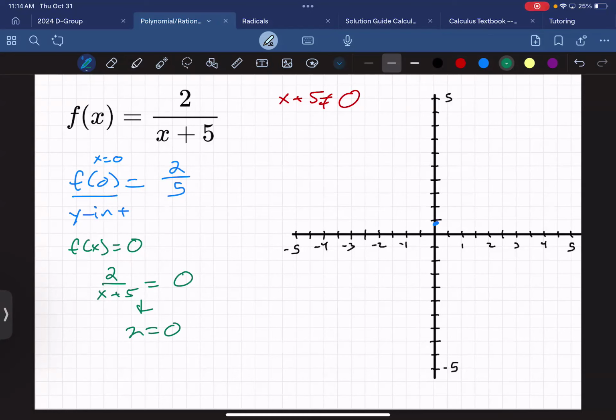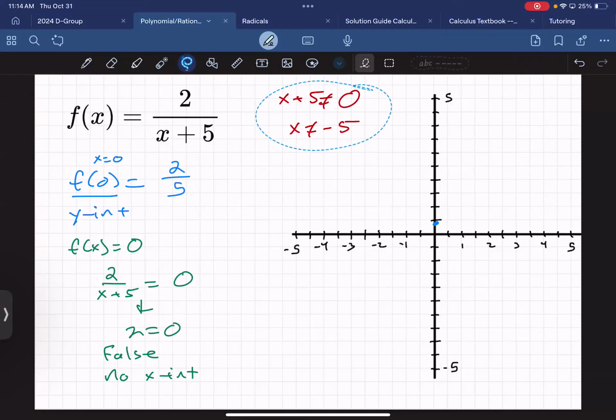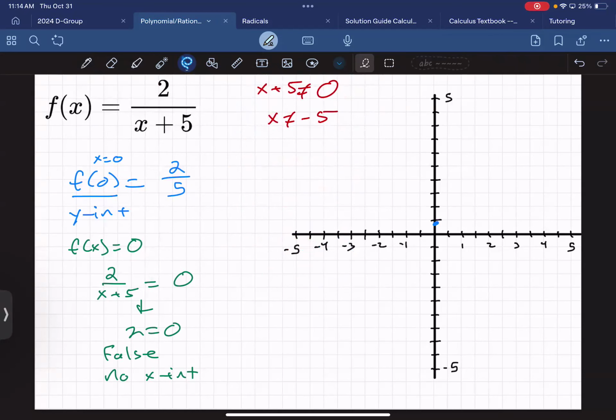Does 2 equal 0? No, so you would say false, no x-intercepts. Okay, the x plus 5 is important, but that's our restriction. We do not want to use the -5. Okay, so make sure we catch on to that there, because that's going to be an important part.